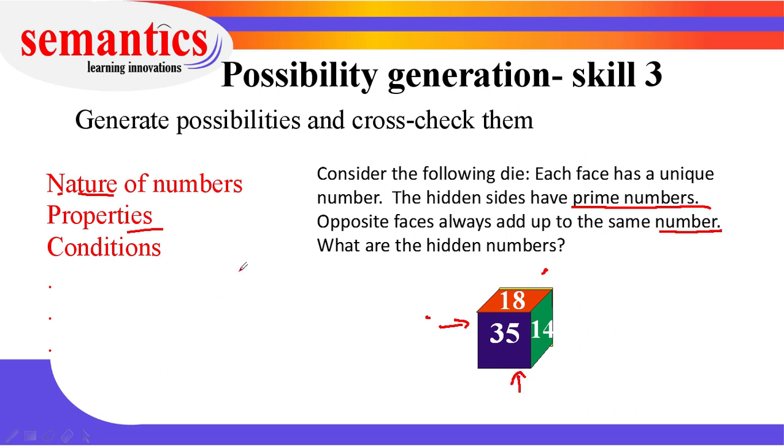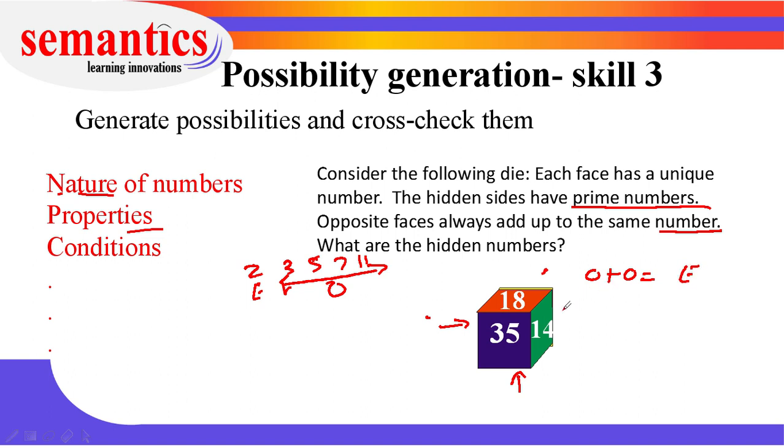So the prime numbers are 2, 3, 5, 7, 11, and so on. Looking at the properties, 2 is an even number. All of the others are odd. So you should know some basic rules. Odd plus odd gives me even.